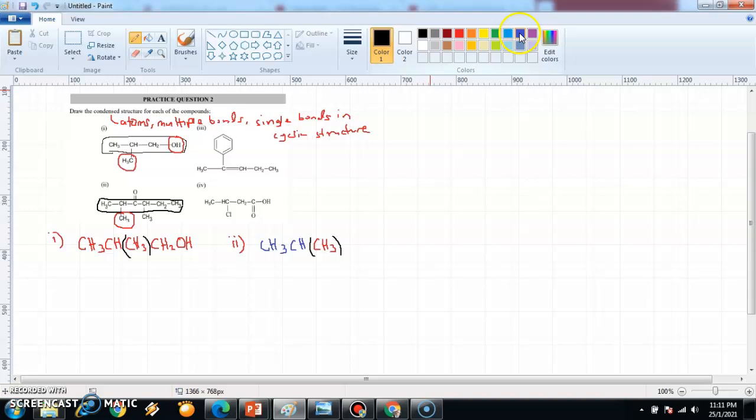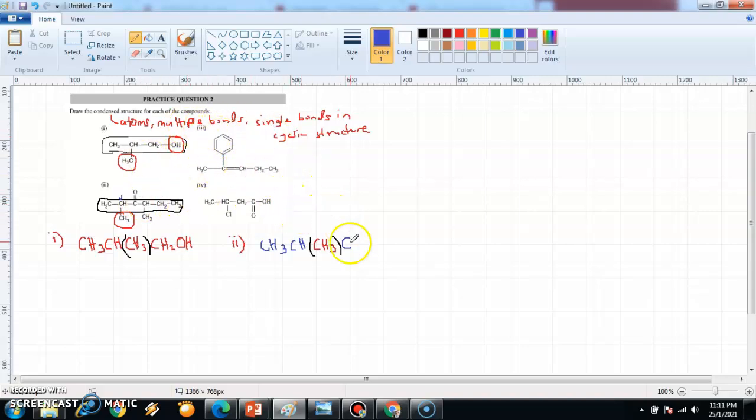We have done the second carbon. Next, we move to the third carbon, and just continue. The third carbon has a double bond, which we have to show.